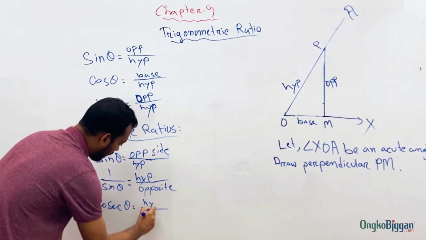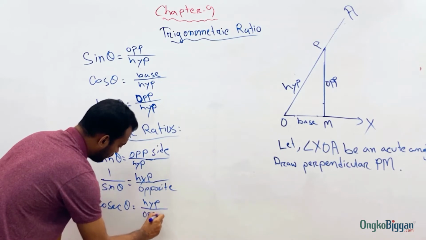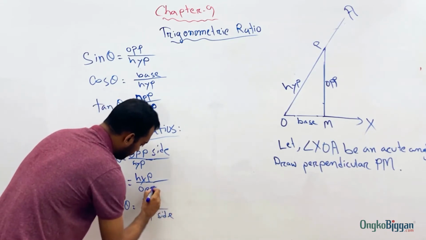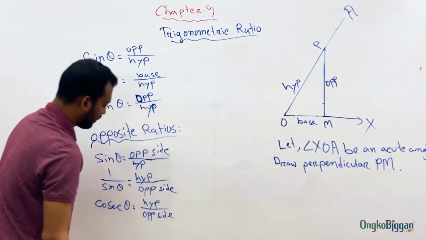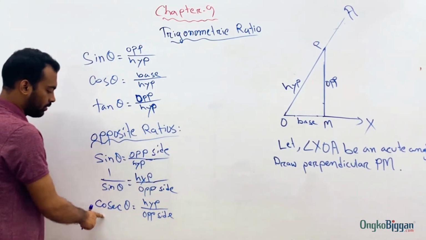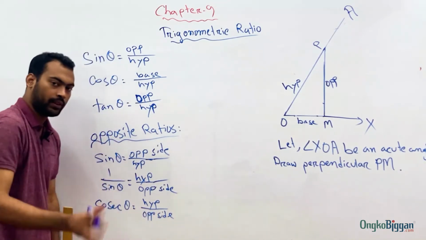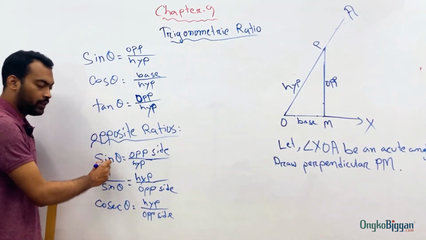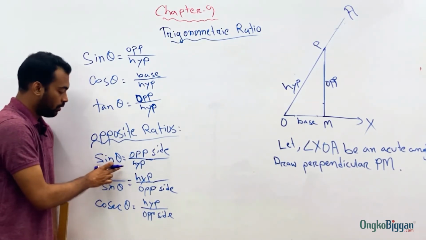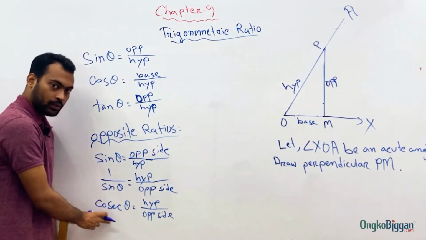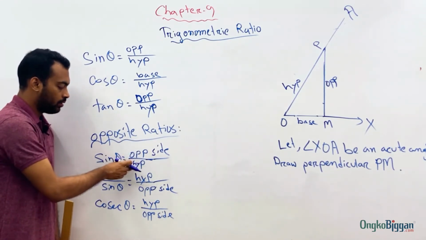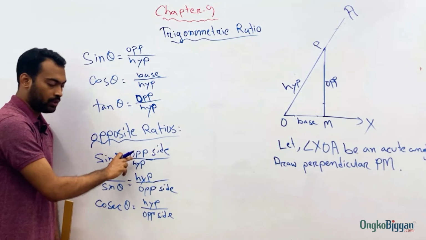So cosec theta is equal to hypotenuse by opposite side. Just remember, cosec theta is the reverse of sine theta, so if you know sine theta, you can easily find cosec theta. You just need to invert the ratio. The ratio was opposite by hypotenuse, now it will be hypotenuse by opposite.